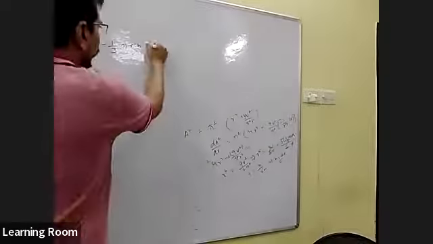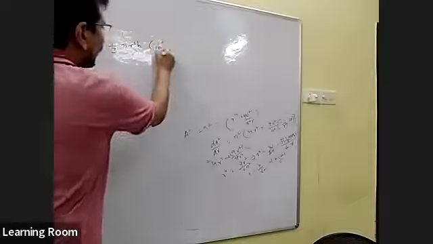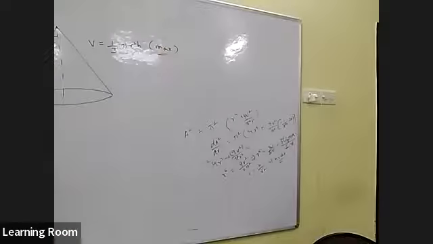This volume is supposed to be maximum, but what is given? The slant height L is given. So you need to prove that this alpha is tan inverse of root 2. So it's very simple.